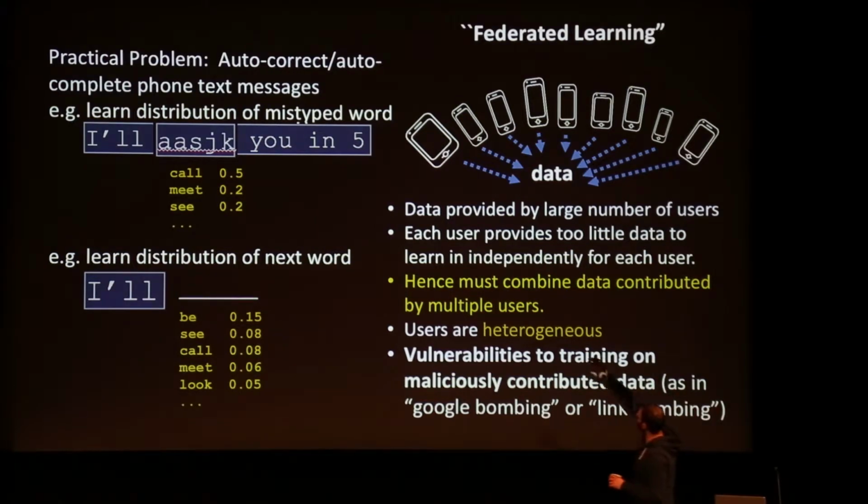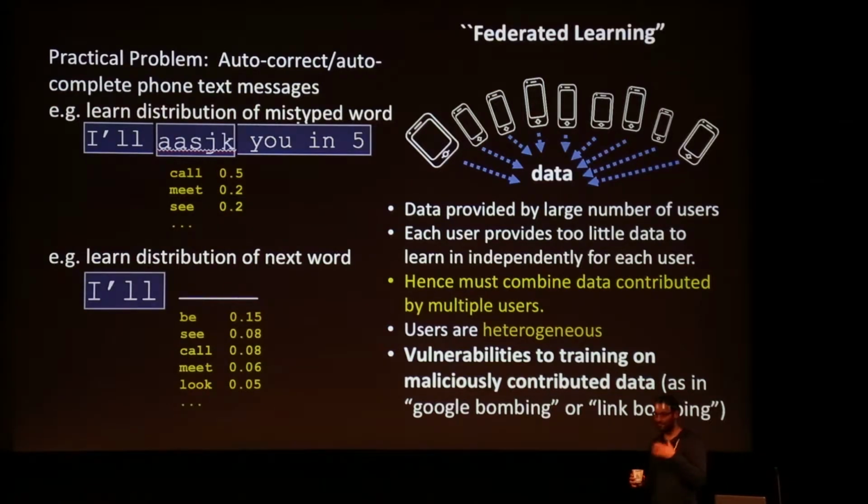So this picture of lots of users, each providing some modest amount of data, has gotten a lot of attention recently under the guise of federated learning. How many people know the buzzword federated learning? Okay, probably next year maybe all of you will raise your hand. The Google research blog had a whole thing about federated learning. It's a very interesting setting, both from a learning standpoint as well as from a security standpoint. People are wondering how can I use multiple users' data, but in a private way?